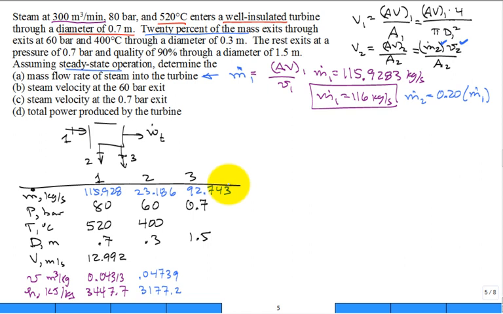How many people have a calculator where they can temporarily store a number? How many people don't know if they have a calculator and they never stored a number in their calculator? Well, learn your calculator before the next exam. It'll save you a lot. What calculator do you have?